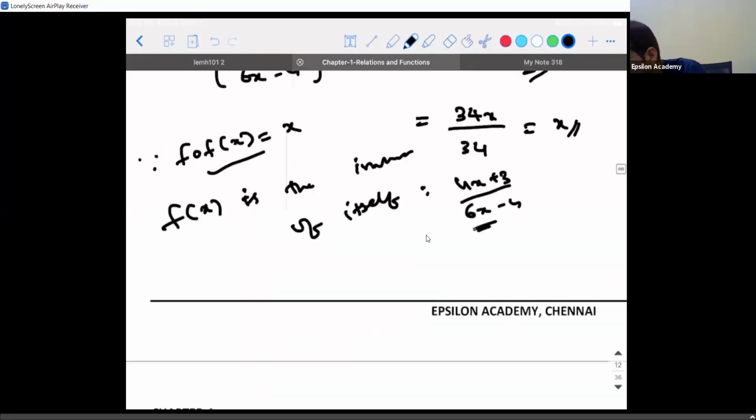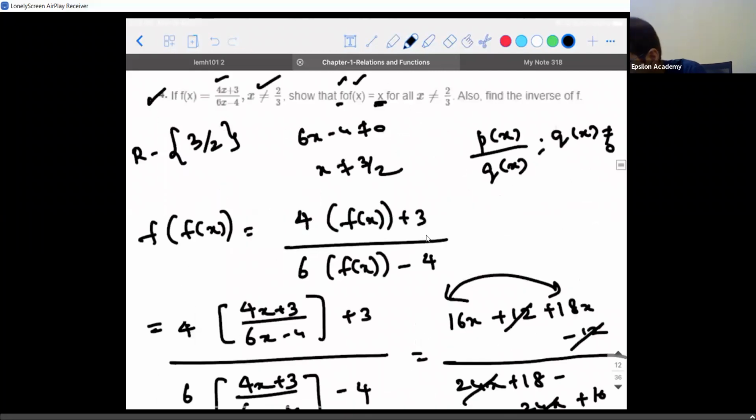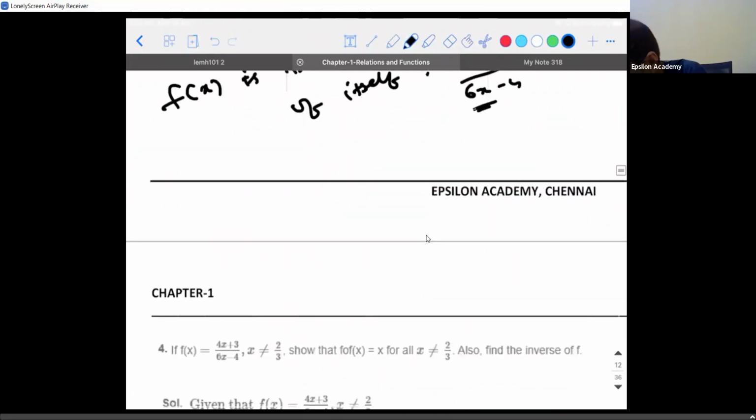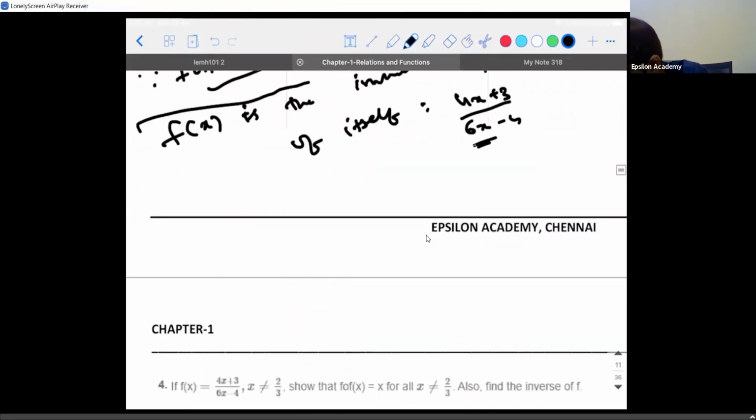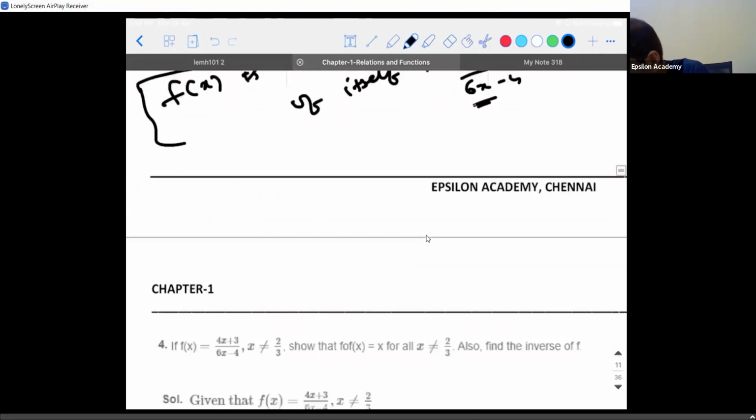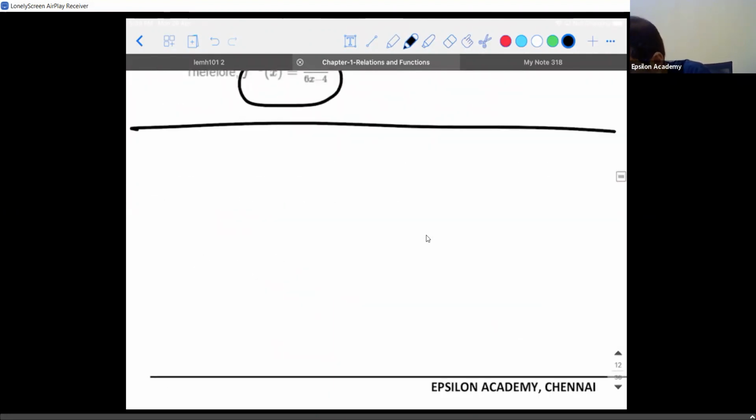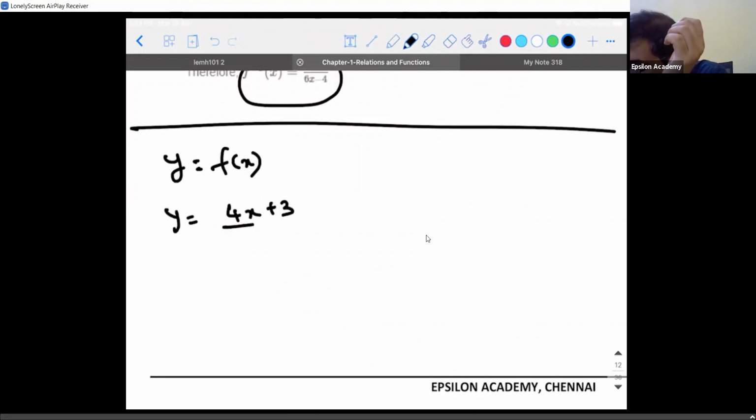Suppose you want to find it using the steps which I gave you, then what are you supposed to do? I proved it here using the logic. Suppose you want to prove it using the steps. What are the steps telling? Take y is equal to f of x. So y is equal to 4x plus 3 divided by 6x minus 4. Now what are we supposed to do? You need to find x in terms of y.